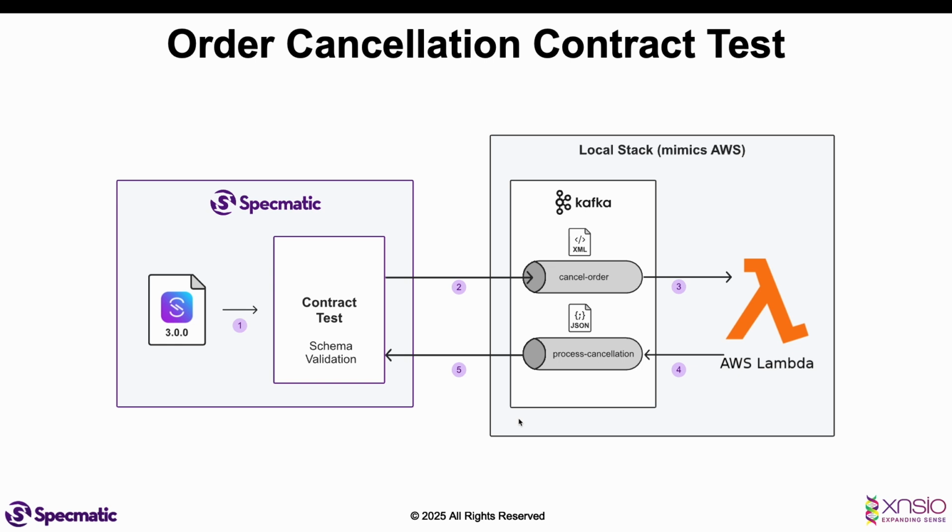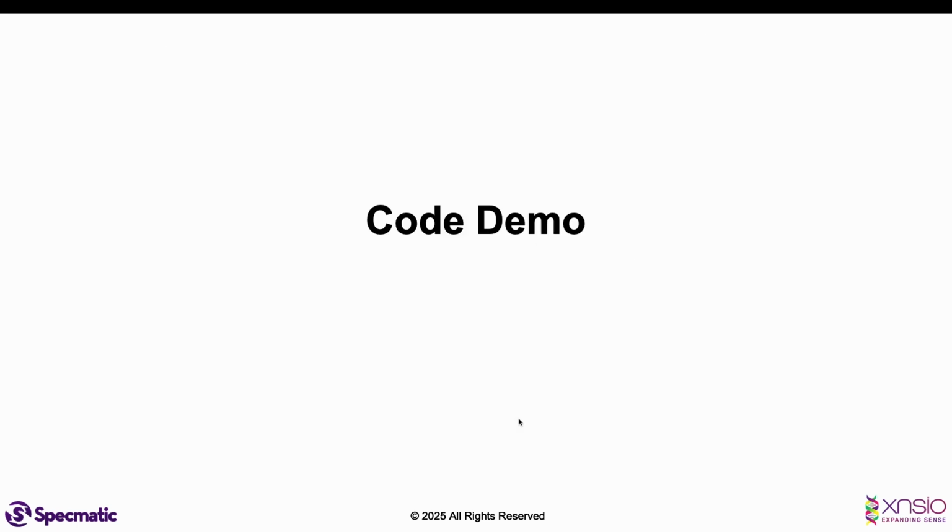Secondly, Specmatic will check if exactly one message is received for the XML message that it has generated. If either of these two conditions is not met, the contract test will fail. So this is how we can test a Lambda function in isolation and ensure that it adheres to its AsyncAPI specification. Let's see a quick code demo.